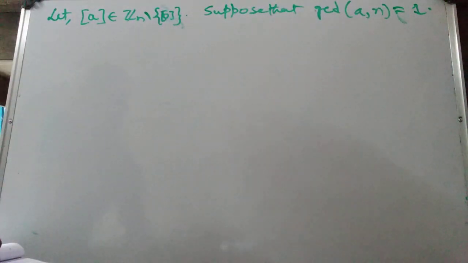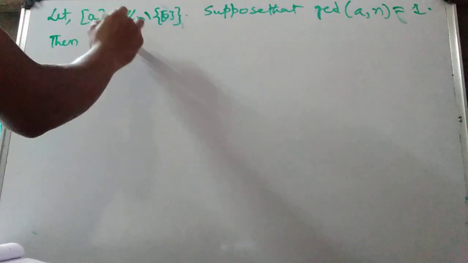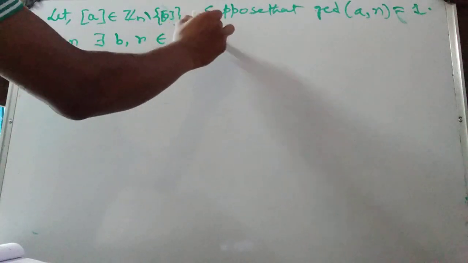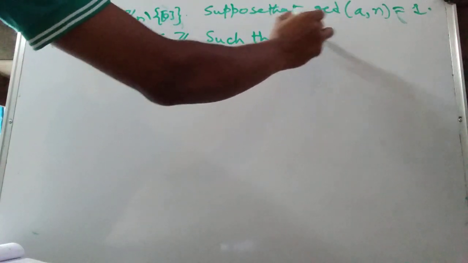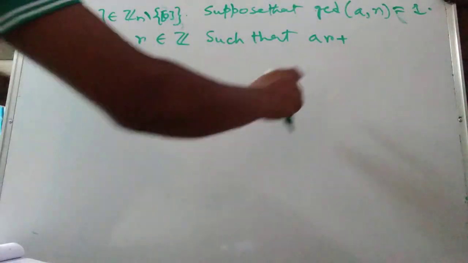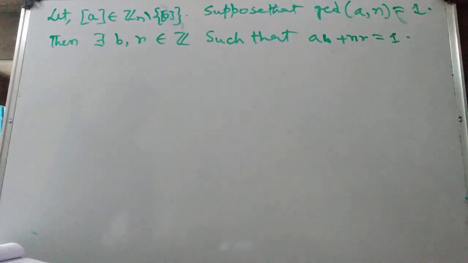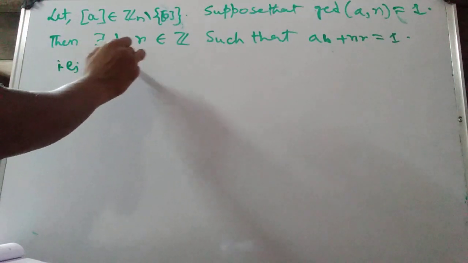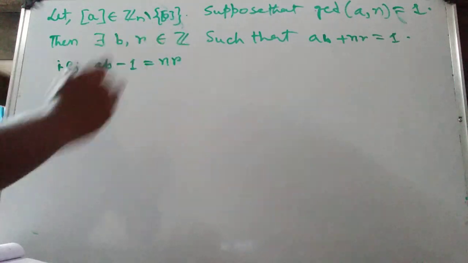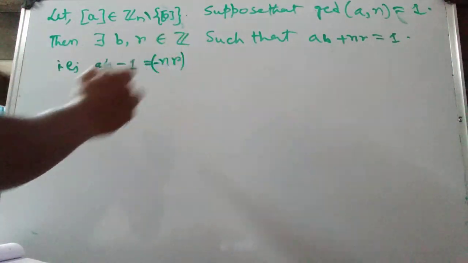Then there exist b, r belonging to Z such that ab plus nr equal to 1. Understood? Not a problem at all. Then this implies ab difference 1 equal to minus nr.